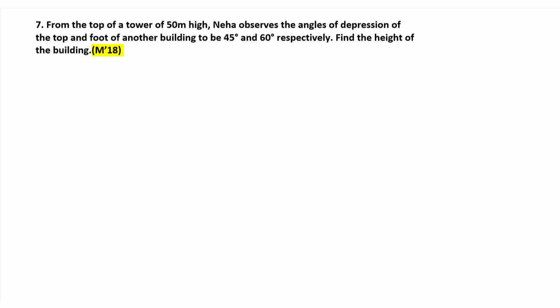Seventh question: from the top of a tower of 50 meters high, let it be AB, which is 50 meters high, Neha is standing on the top of the tower. She observes another building, so this is our tower and building.